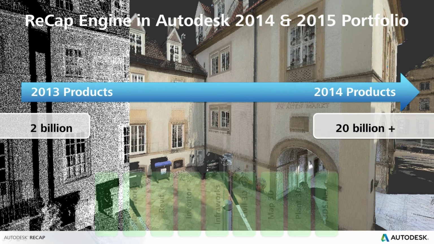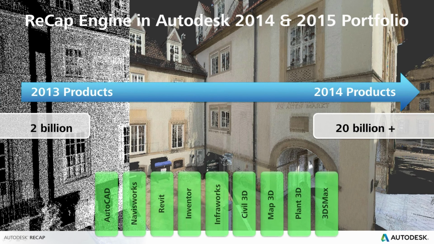We get high accuracy data with lots of points, and the good news is that the hero products listed here, like AutoCAD, Navisworks, Revit, Inventor, or Civil3D, can all process those point clouds because the ReCap engine resides in them. The ReCap engine is really just the tool that reads our ReCap point clouds, and it resides in each of these different products. And you'll see live how that works.